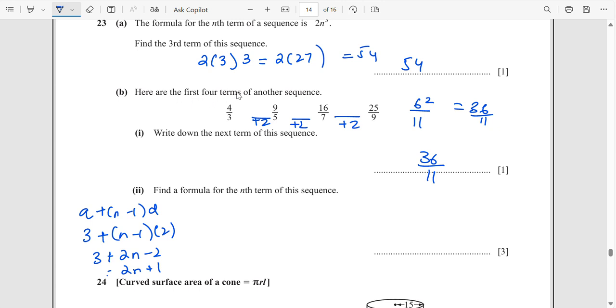So for the first term, it was the square of 2. For the second term, it was the square of 3. So for the number of term plus 1 squared, because for term 1, it was the square of 2. For term 2, it was the square of 3. For term 3, it was the square of 4. So it's always n plus 1 whole squared. So this is your answer.